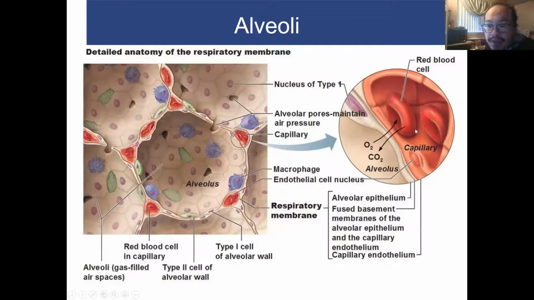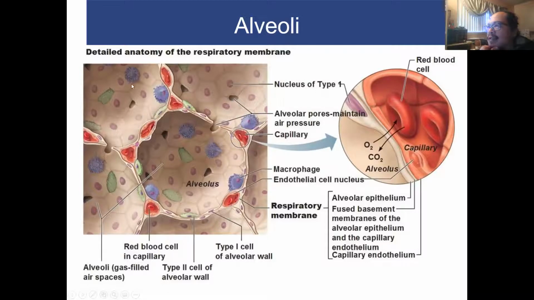CO2 is also a gas, so it can diffuse across the membrane from the blood into the alveoli. So when we exhale, it will get breathed out. When we inhale, O2, which is 20% of the air, will get diffused in here and diffused into the capillary.